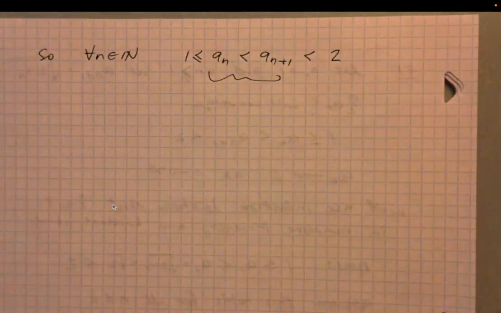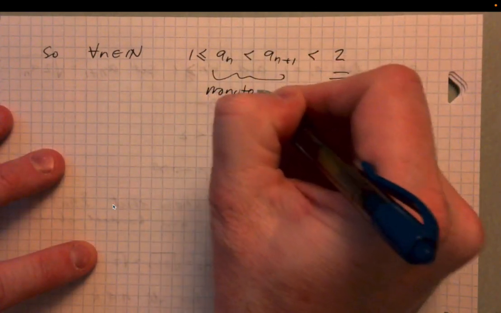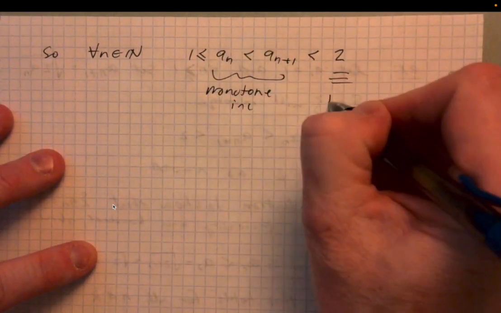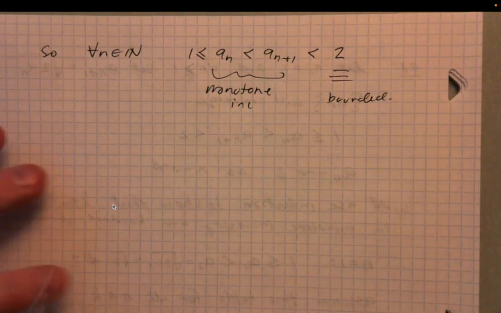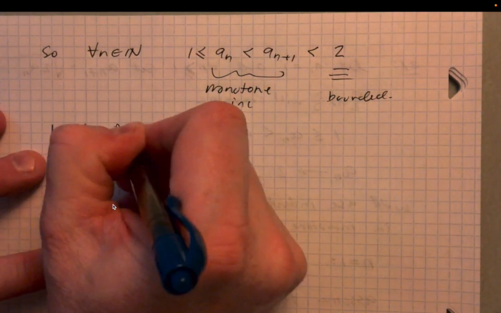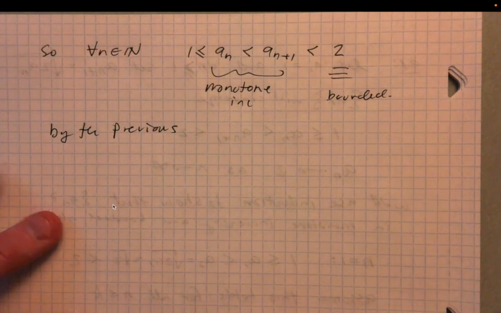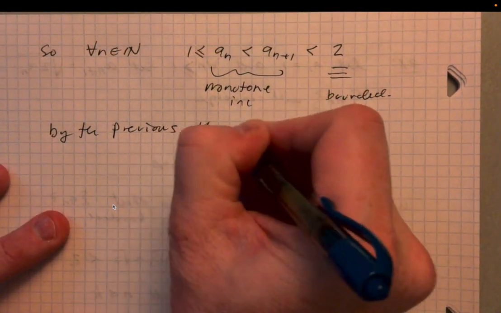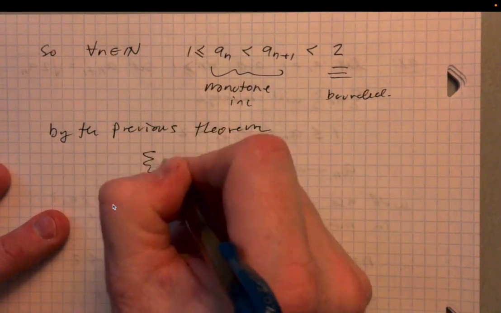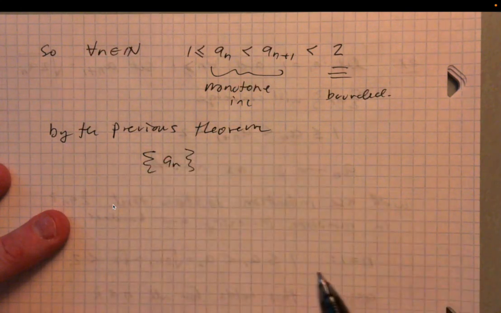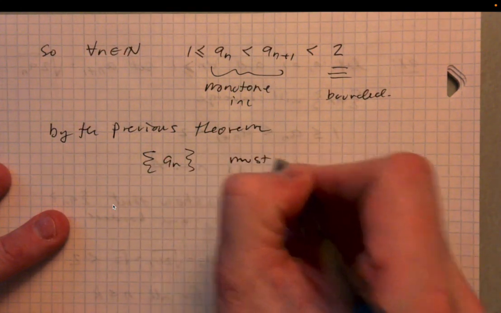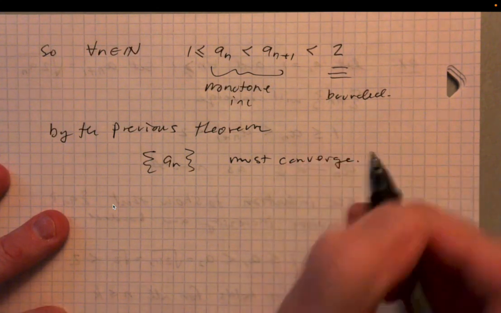So that implies this sequence is monotone increasing and bounded. This part tells you that it's monotone increasing, and this tells you that it's bounded. And so by the previous theorem, not the nested intervals property, but the previous theorem, the sequence a sub n must converge.